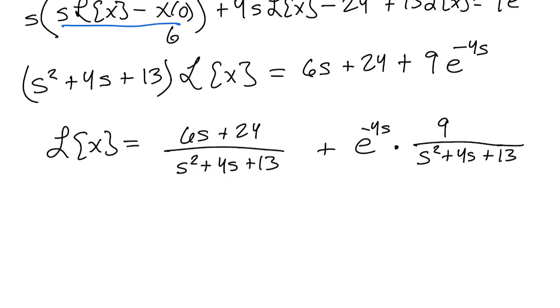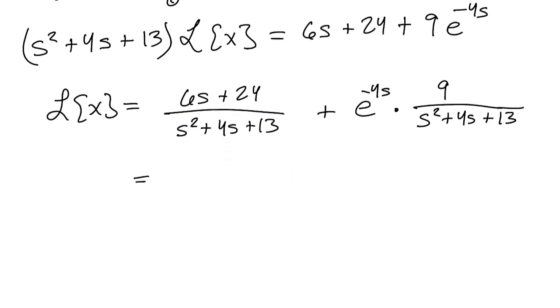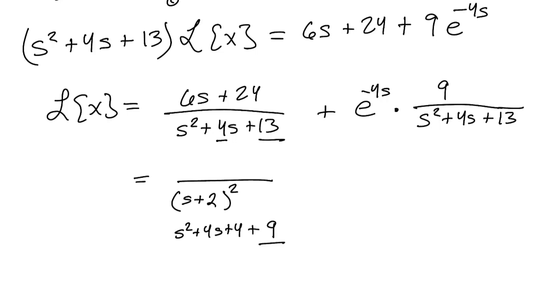Now, these look like irreducible quadratics in the denominator, so we complete the square. And because of the 4 here, we're going to have s plus 2. And s squared plus 4s plus 4 plus 9 would equal 13, right? So this is going to equal 9.